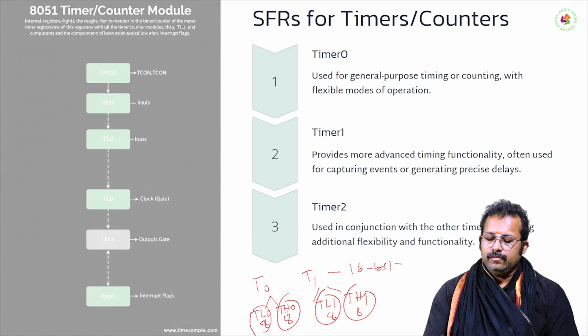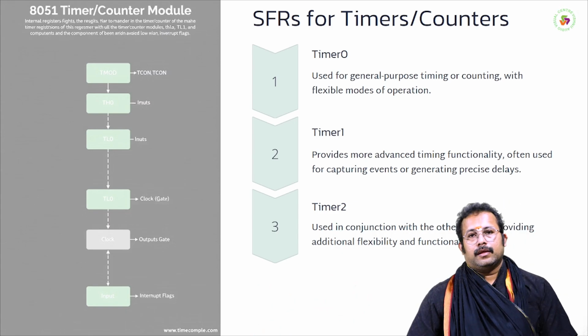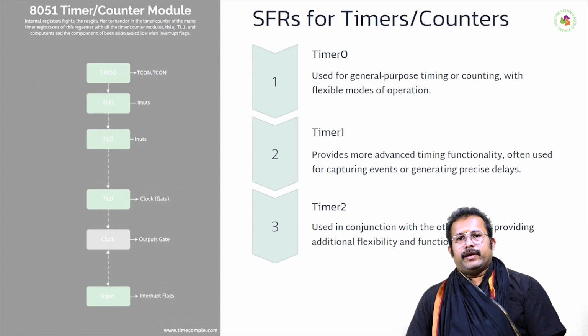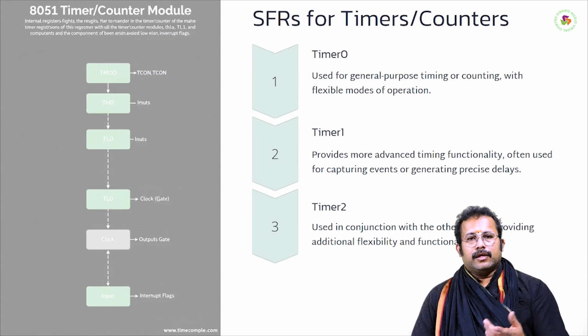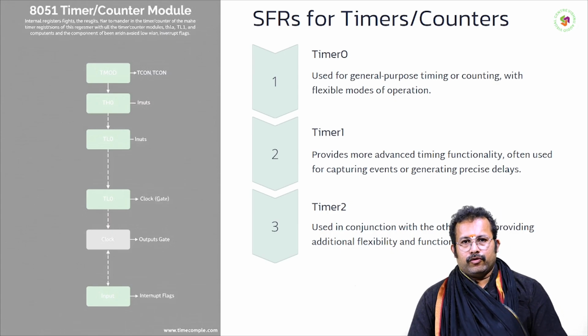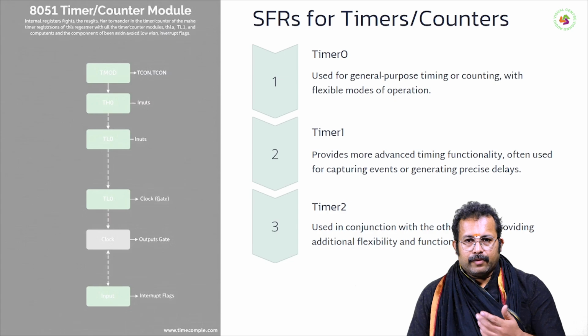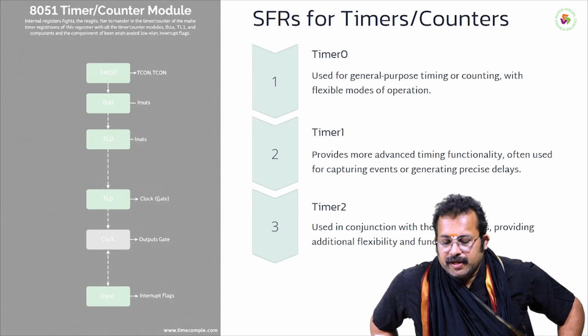The main purpose of a timer is to provide precision timing and delays. Timer 0 is for general purpose timing, used to count events and clock pulses, and it operates in different modes. Timer 1 provides more advanced functionality by capturing events and providing precise delays.